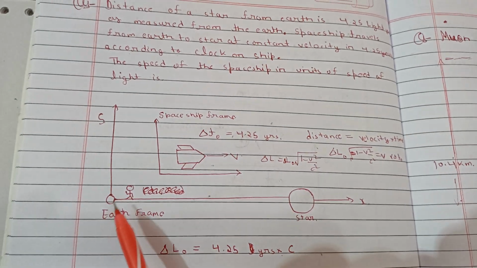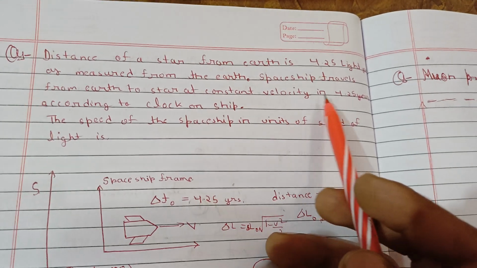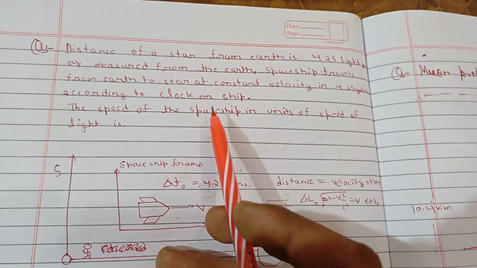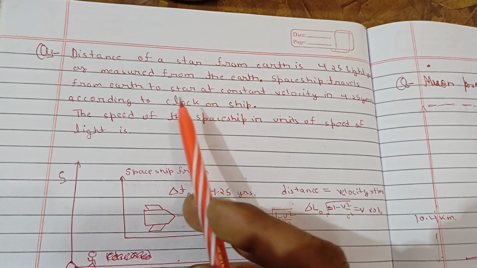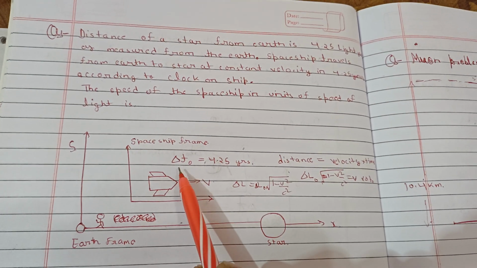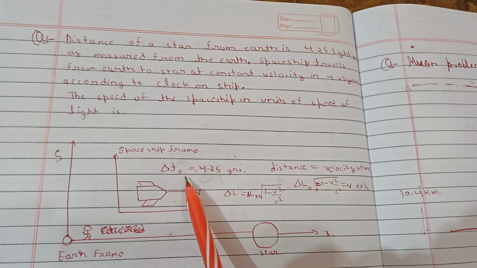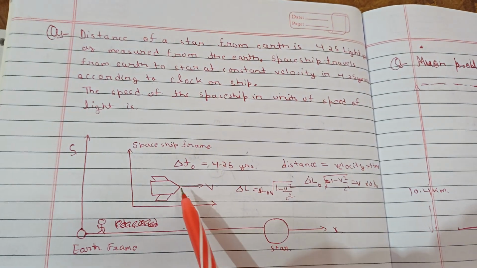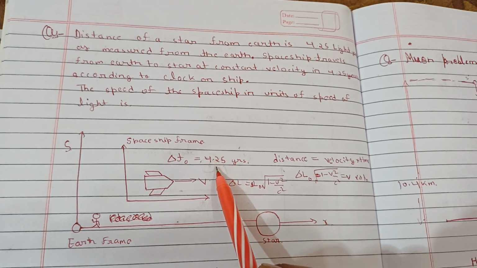The spaceship moves from here to here in 4.25 years according to the clock on the ship. So we have to find the time according to the clock which is on the ship, and it is given as 4.25 years. So delta T naught is given already.